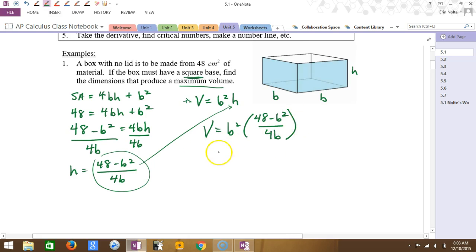To simplify this, because the next step is going to be to derive this, I have a b squared that's being divided by a b, so one of these is going to cancel. At this point I'm going to distribute the b through and also divide by 4 on both of these terms.